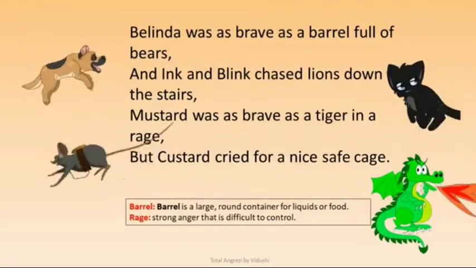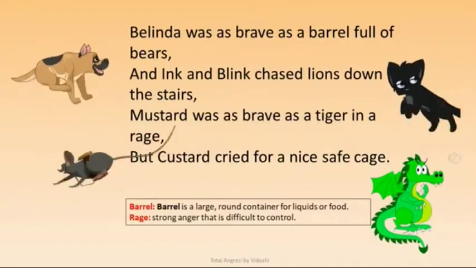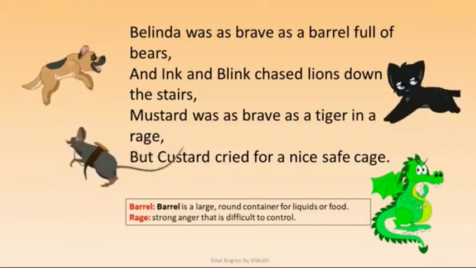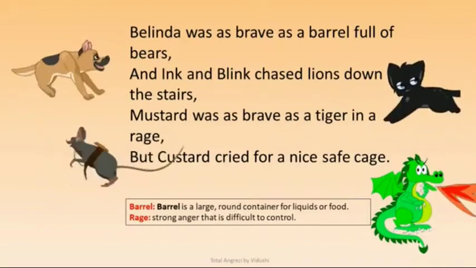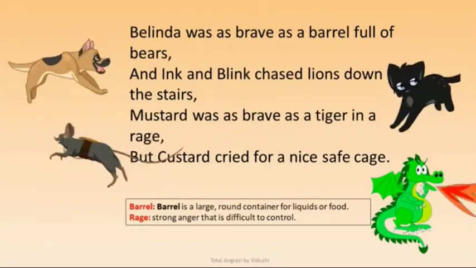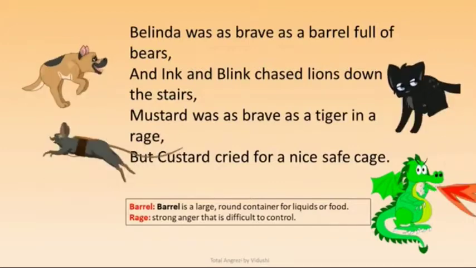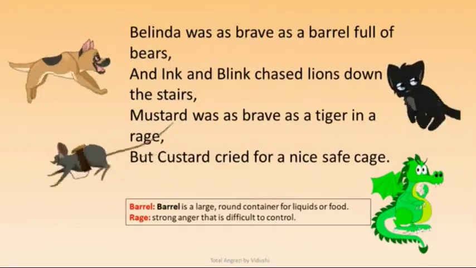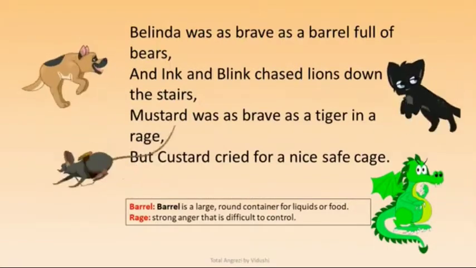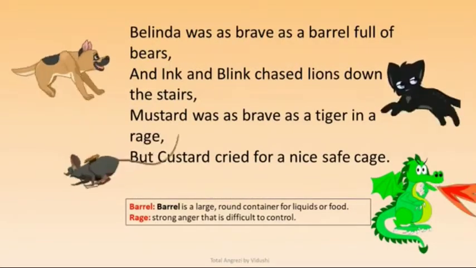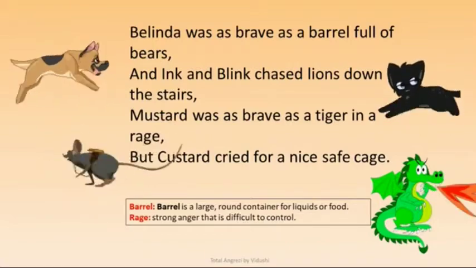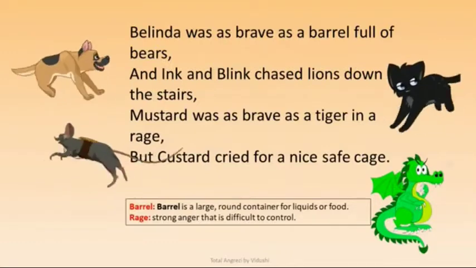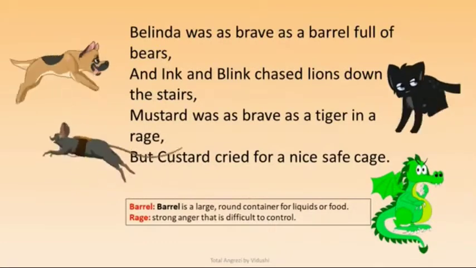In this stanza, the poet shares the characteristics of the characters. He says that Belinda was as brave as many bears put together, like she had the strength of a bear. Ink and Blink chased lions. It's kind of ironical, as Ink was a little kitten and Blink was a little mouse, but they were brave enough to chase the lions down the stairs.